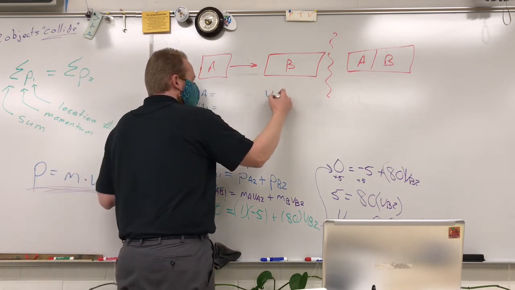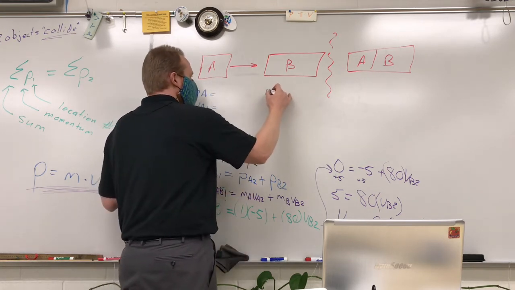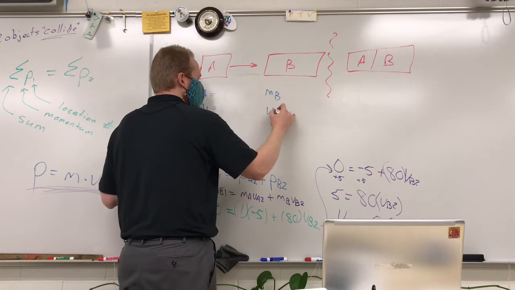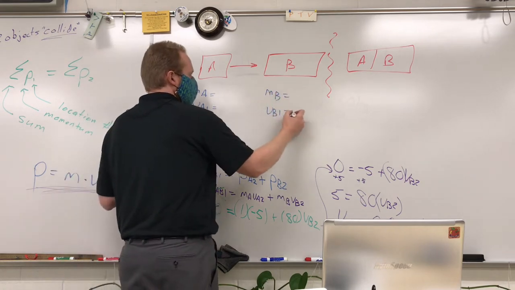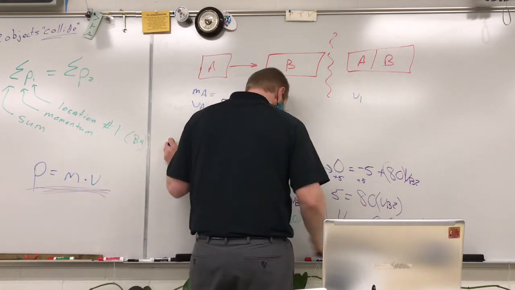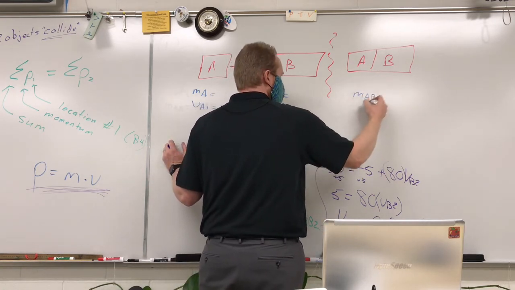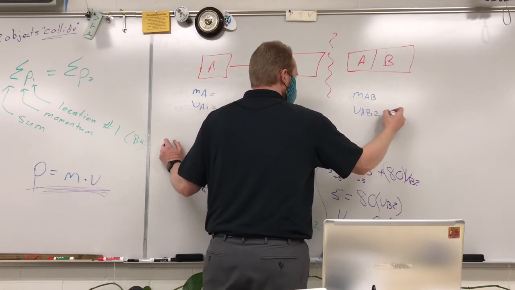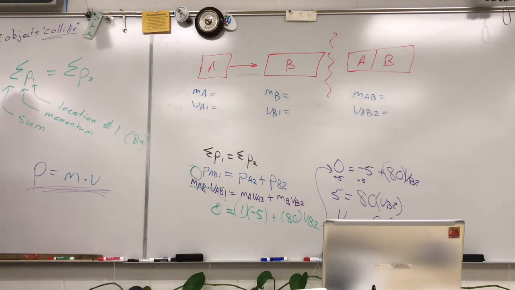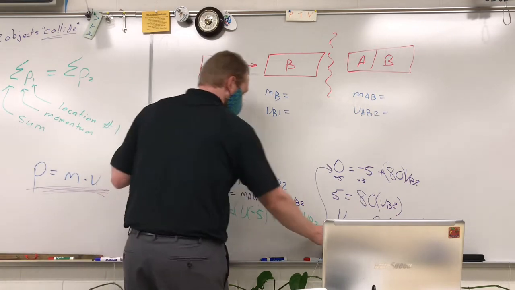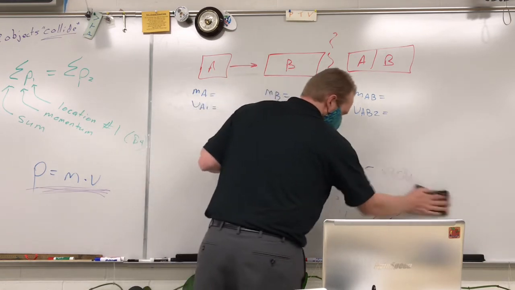So once we've identified that, we start with 2 objects and we end with 1 object, then we can add masses and velocities for each thing. By doing so, I feel like it really forces you to look for those objects, which is going to be necessary to do a momentum equation.